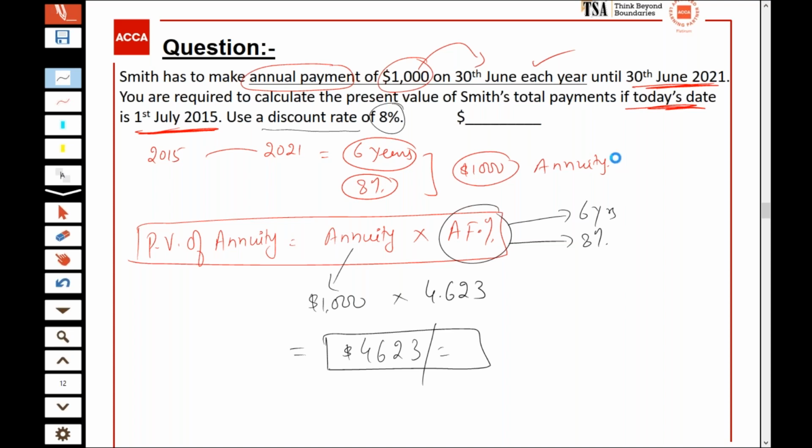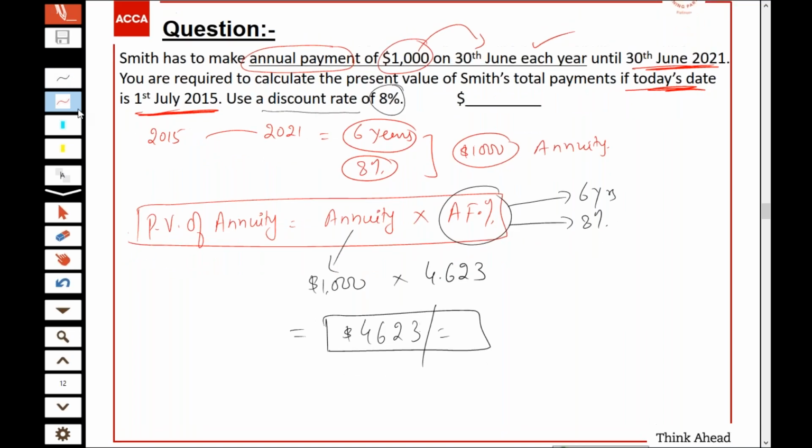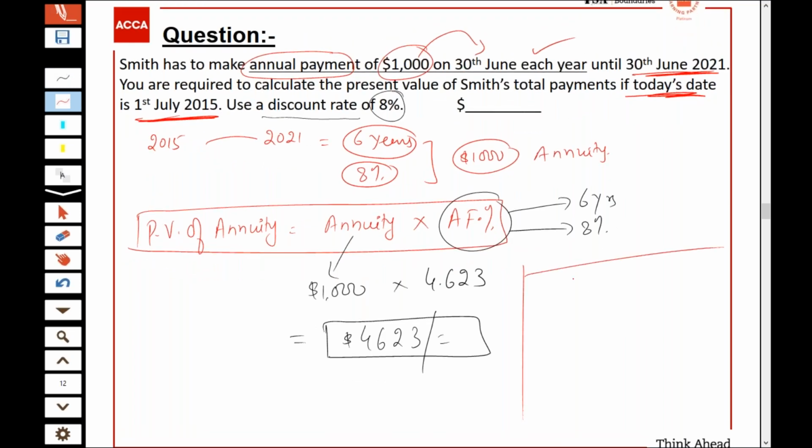And remember one thing, the main point to be noted is that all the amounts are in arrears. Now what do we mean exactly by the term arrears?